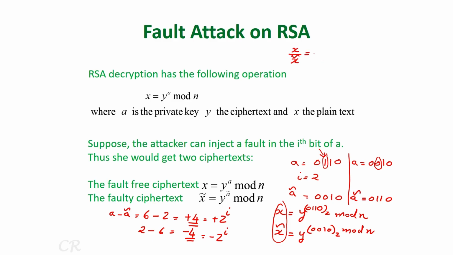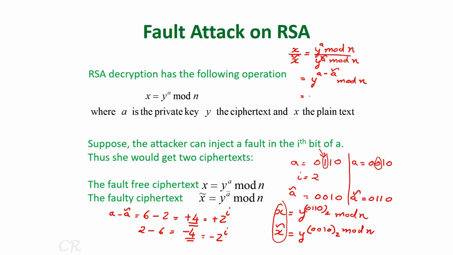So, essentially you would get Y to the power of A mod n divided by Y to the power of A tilde mod n. This is nothing but Y to the power of A minus A tilde mod n.